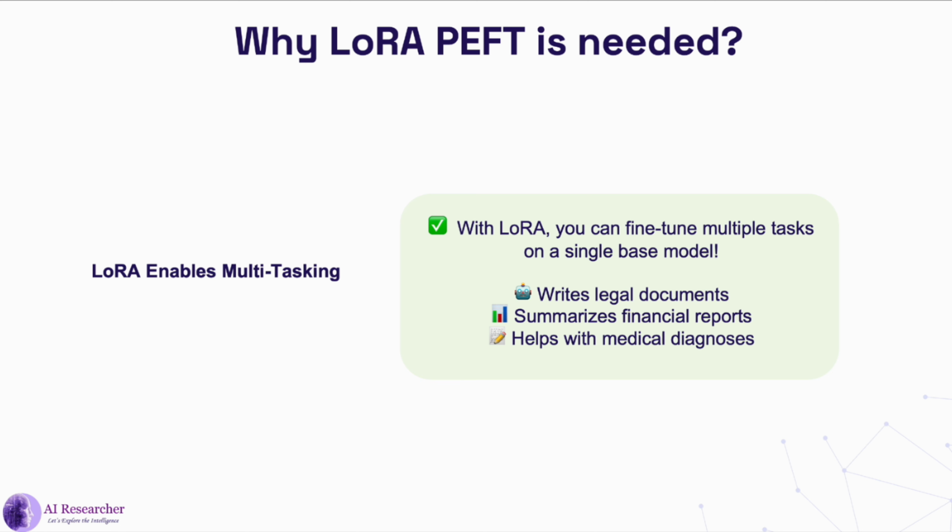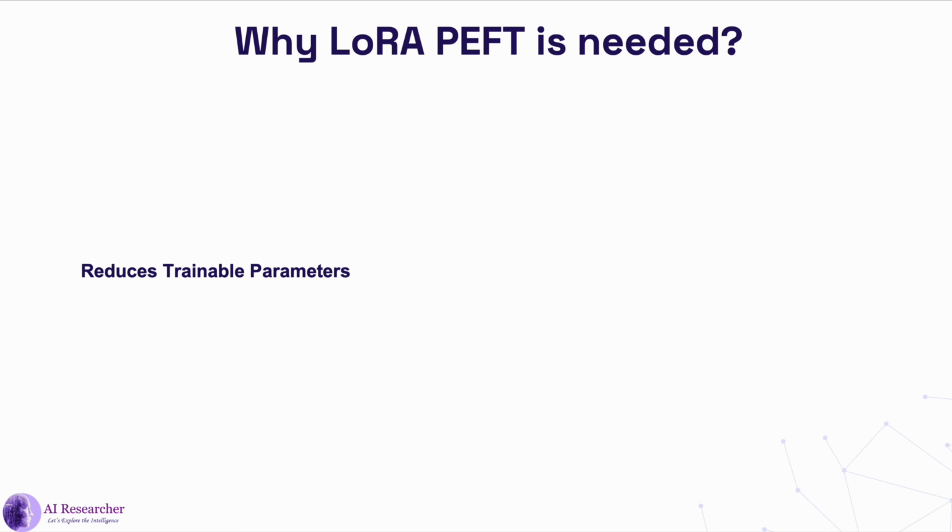Imagine you need to fine-tune your model on writing legal documents, the second task is summarizing financial reports, and the third task is helping with medical diagnosis. So instead of having three different models, you can have just one, and all these tasks can be included in one base model.